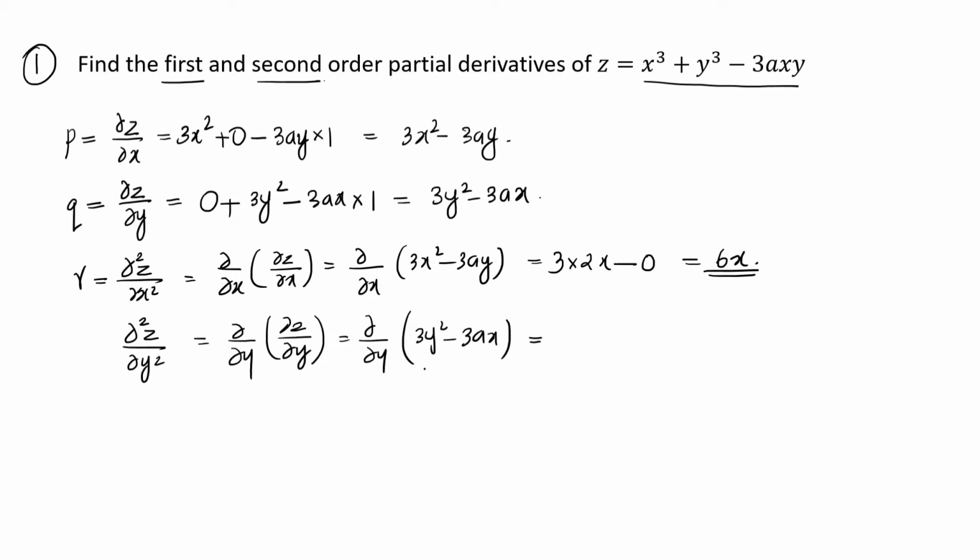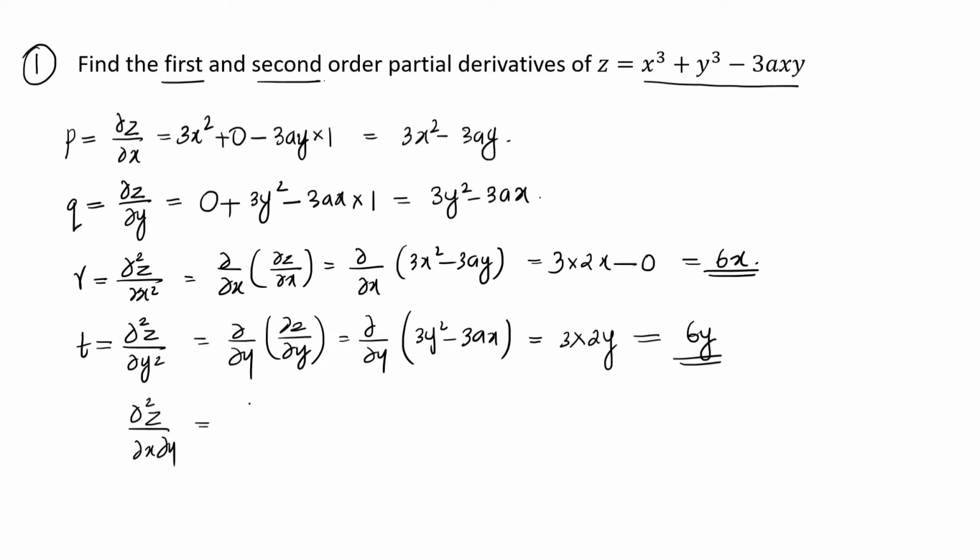This is equal to 3 into the derivative of y square with respect to y, which is 2y, and 3ax is a constant with respect to y, therefore this will be 6y. Okay, this is the second order derivative, and we will denote this dou square z by dou y square as t.